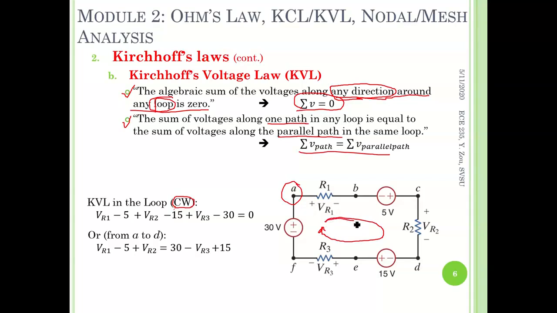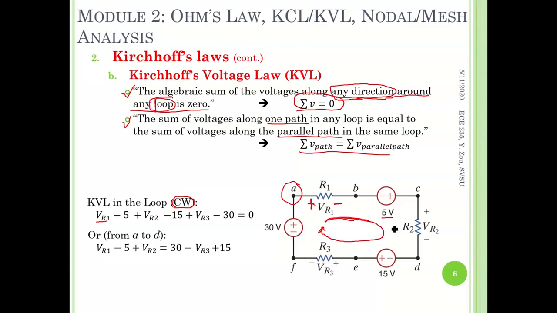Beginning with A, we rotate in the clockwise direction. We first come across VR1, and VR1 has positive polarity before negative polarity in terms of this rotation direction, so we give VR1 a positive sign in front. Then we keep going along this loop and come across this 5 volts voltage source.